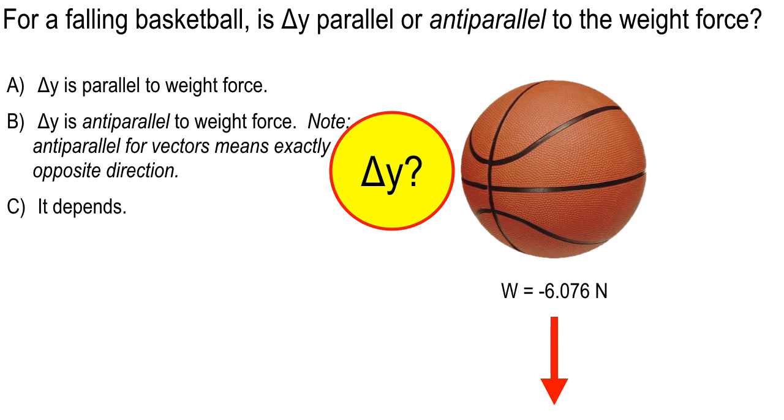And anti-parallel means, when you're talking about vectors, that they're exactly the opposite direction. So a leftward vector and a rightward vector are anti-parallel. Versus two rightward vectors, those are parallel. Two leftward vectors, parallel.